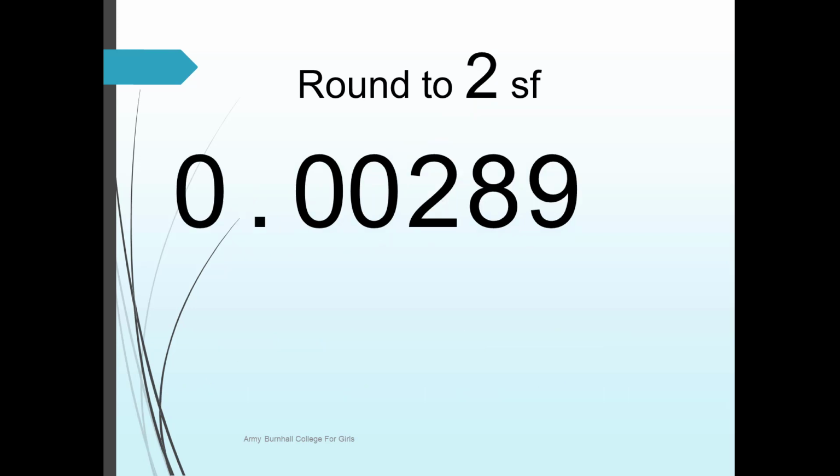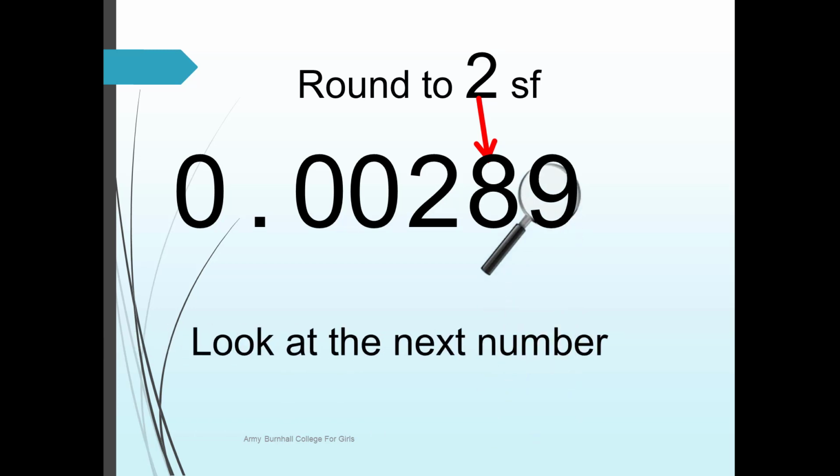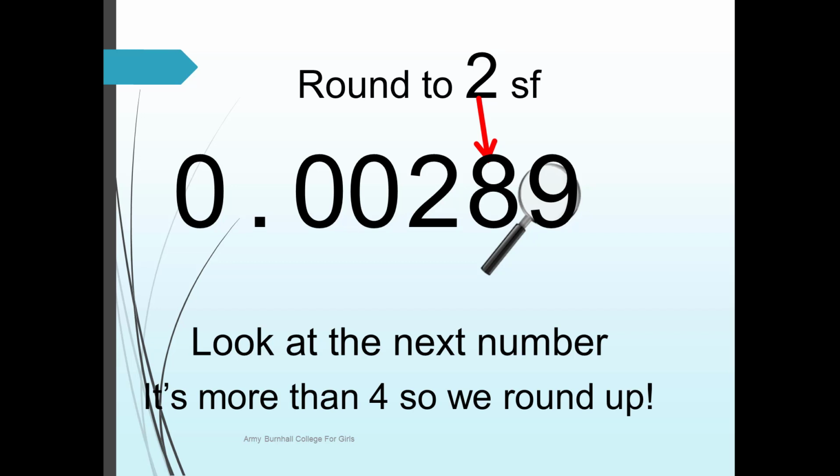Round to two significant figures. You know that leading zeros are non-significant, so 2 is the first significant figure and 8 is the second significant figure. We will check after this 8, this is 9, so 8 will become 9. We will round it up and the rest of the digits will become 0 or vanish.